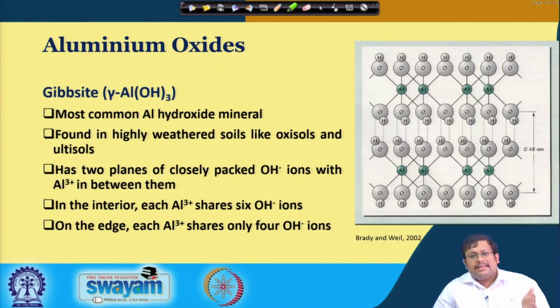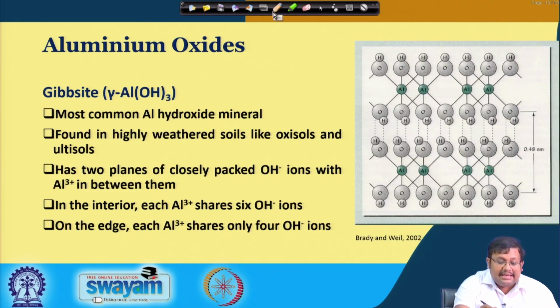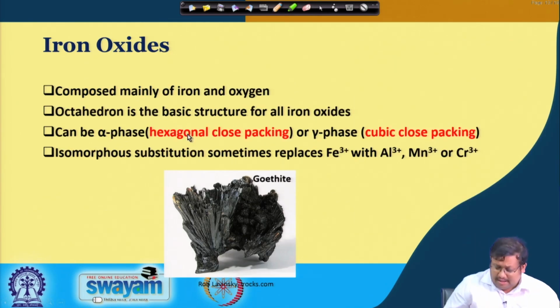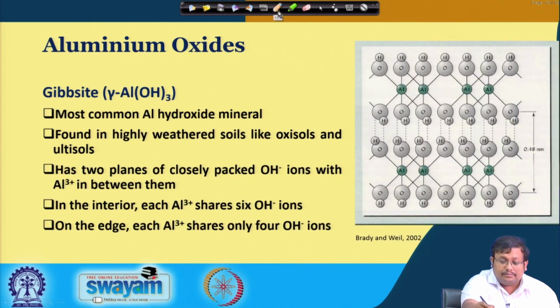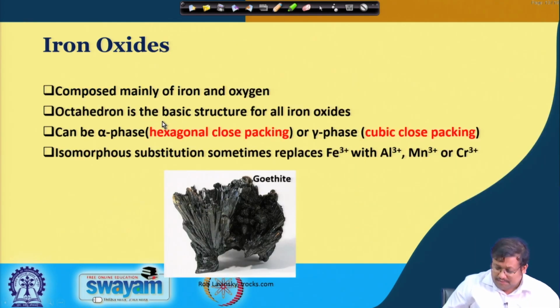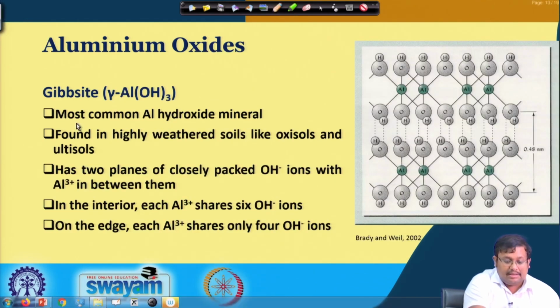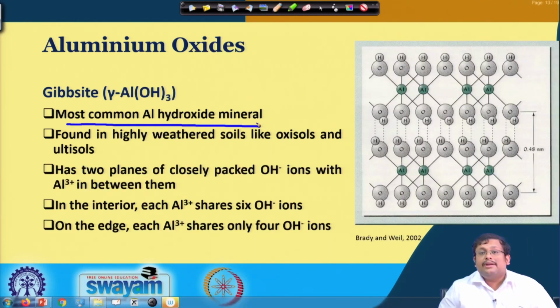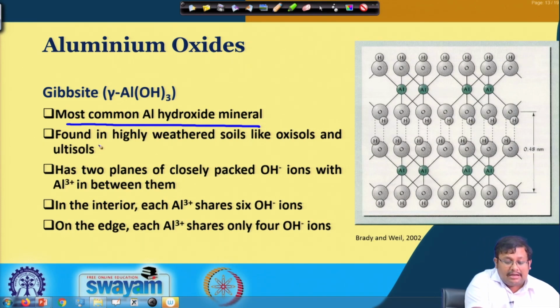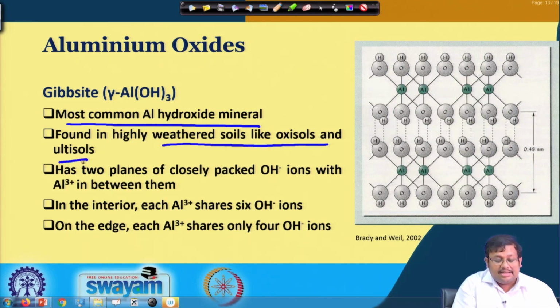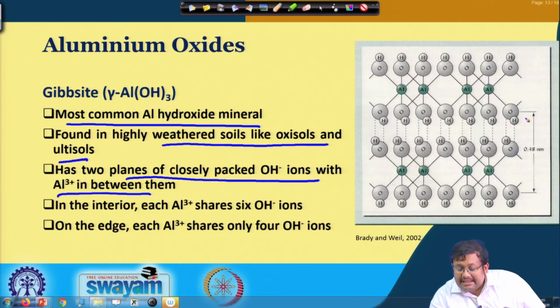Let us start with aluminum oxides, or gibbsites. Gibbsite is the most common aluminum hydroxide mineral. It is found in highly weathered soils like oxisols and ultisols, and it has two planes of closely packed hydroxyls with aluminum in between them. You can see here these closely packed hydroxyls with aluminum in between.